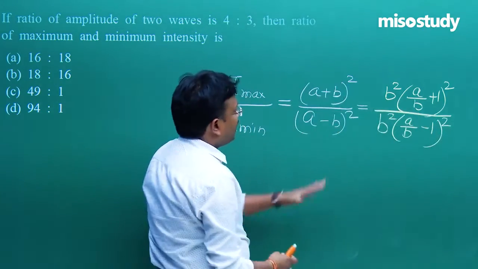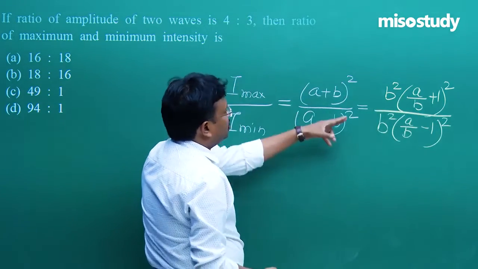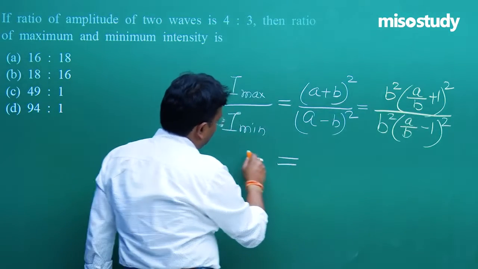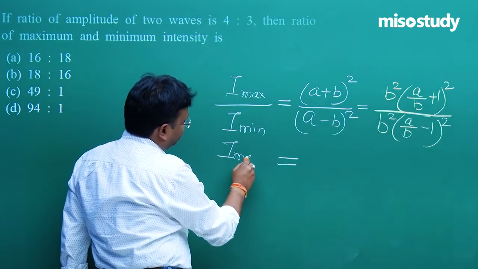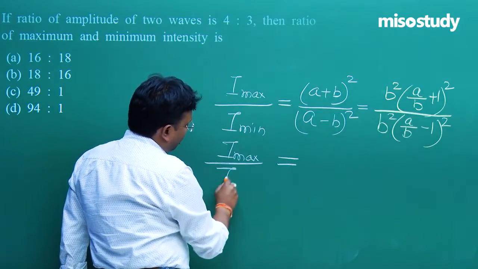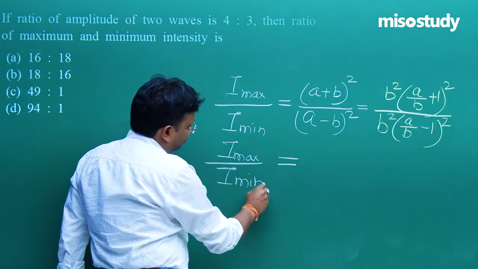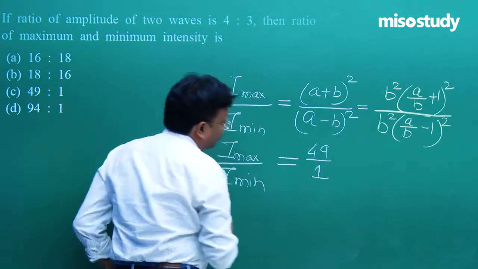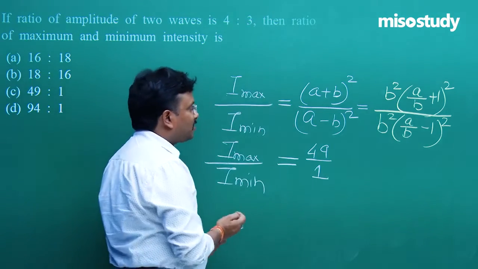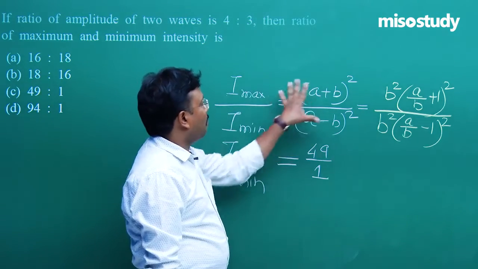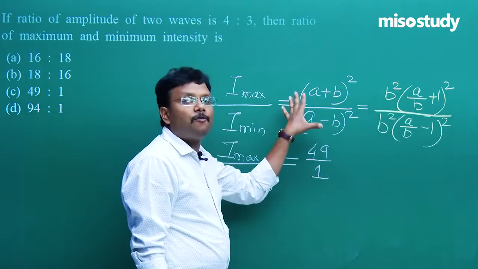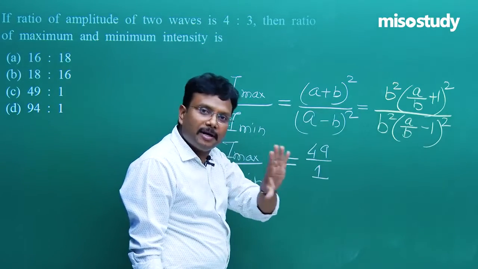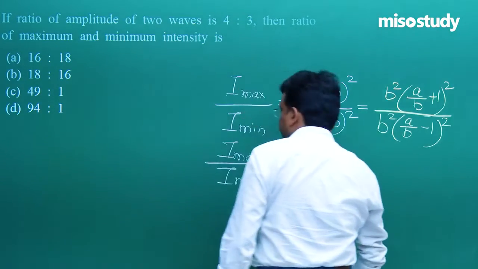Simply put the values of the AB ratio, you will get I max upon I min is 49/1. So the question is simply based upon the formula of maximum and minimum intensity.